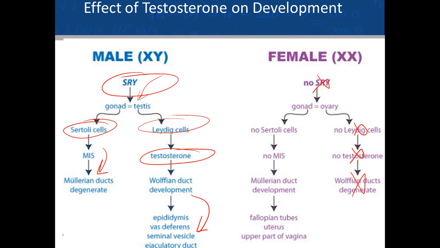Now, because it's an ovary, we also have no Sertoli cells. So that means there is no Mullerian inhibiting substance. And so, because there's no inhibiting substance, the Mullerian ducts will develop into the female reproductive system, producing the uterus, the fallopian tubes, and the upper part of the vagina. So hormones can indeed have an effect on development.